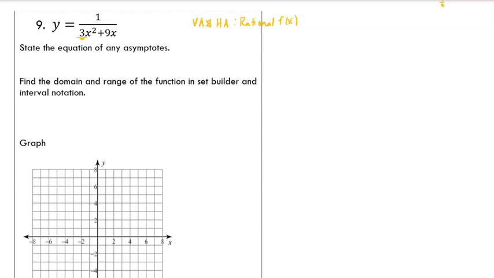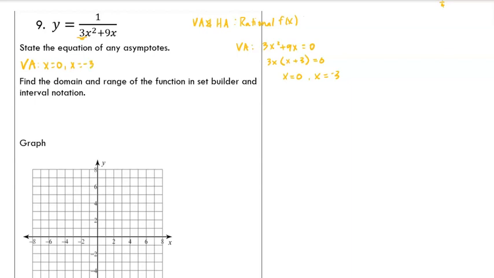To find the vertical asymptote, I'm going to set that denominator equal to 0. So 3x, factor out the 3x, x plus 3 equals 0. So x equals 0 and x equals negative 3 are my vertical asymptotes.